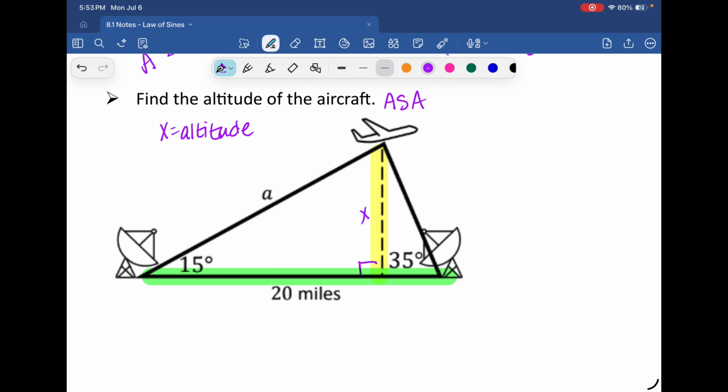All right, so I'm going to manipulate it so that I can find the altitude. Given that I have side A here that's already drawn, I'm going to find that. First thing I want to do is find that plane angle.